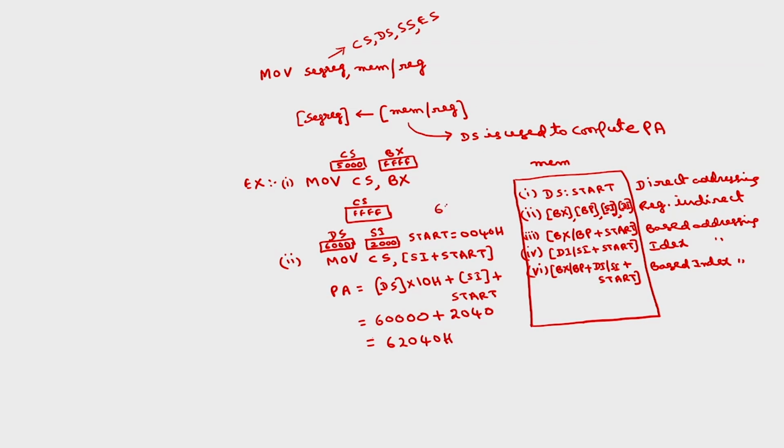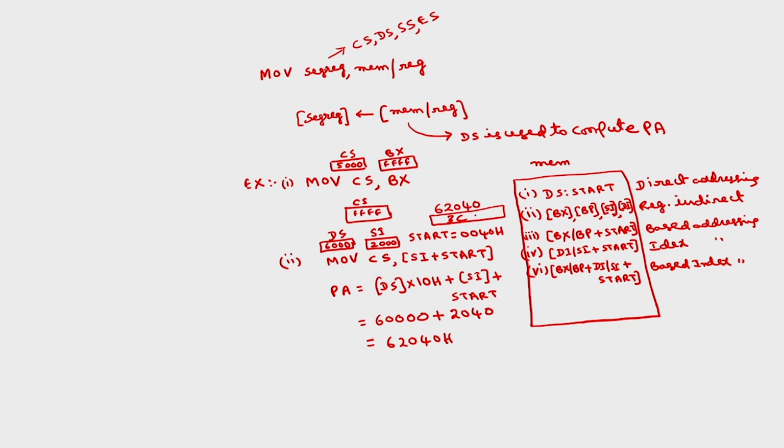Before the execution of this instruction, suppose the contents of 62,040 is 3C. Because the destination is 16 bit, this will read 2 bytes.